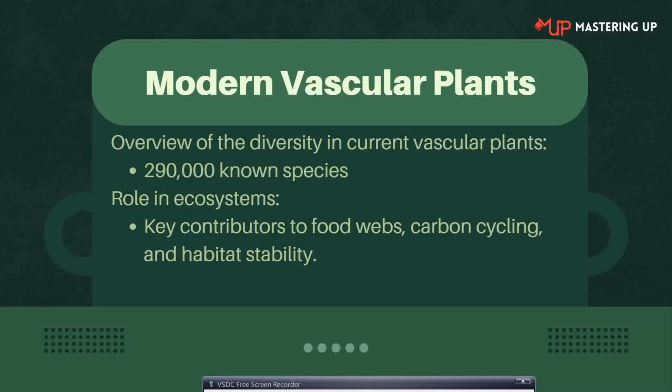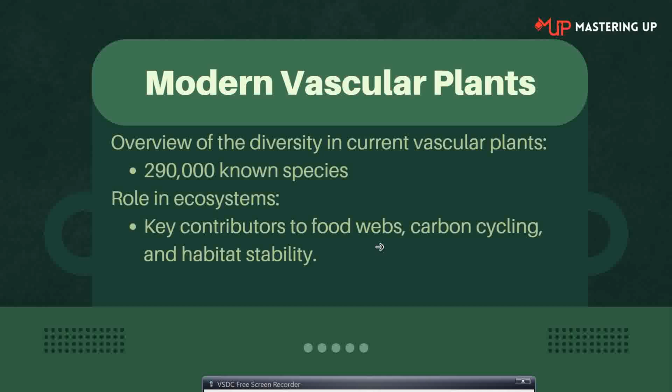Now the modern vascular plants: an overview of the diversity in current vascular plants. There are about 290,000 known species, and their role in the ecosystem is that they are key contributors to the food web, carbon cycling and habitat stability.